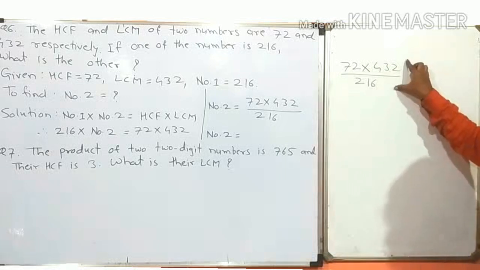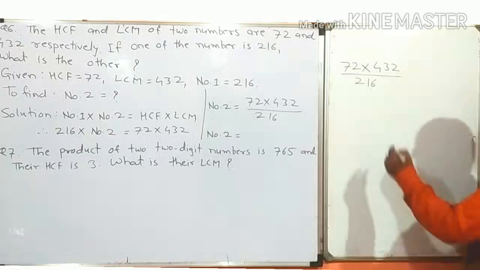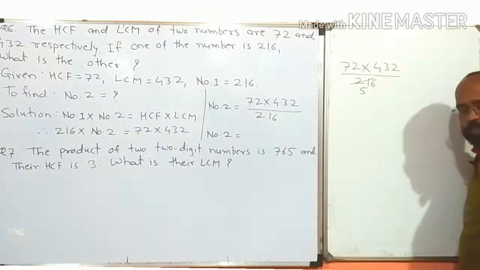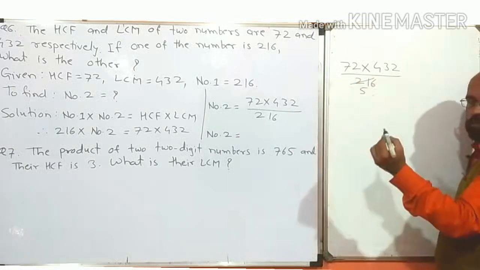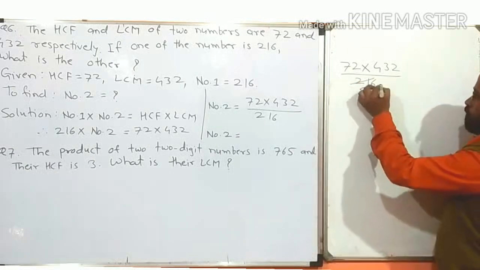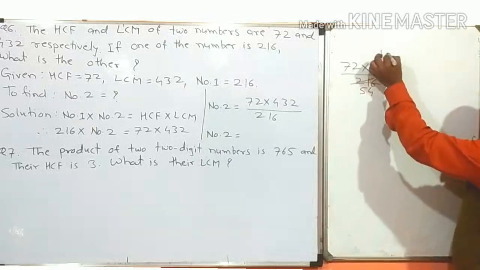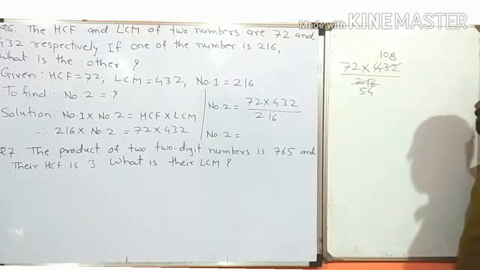These numbers are divisible by 4. So let's divide these two numbers by 4. 4 5s are 20. 1 is the remainder. 1 on it, 6 on the 1, 16. 4 4s are 16. So it will be 54. 4 1s are 4. 3 is smaller than 4, so 0. 4 8s are 32.